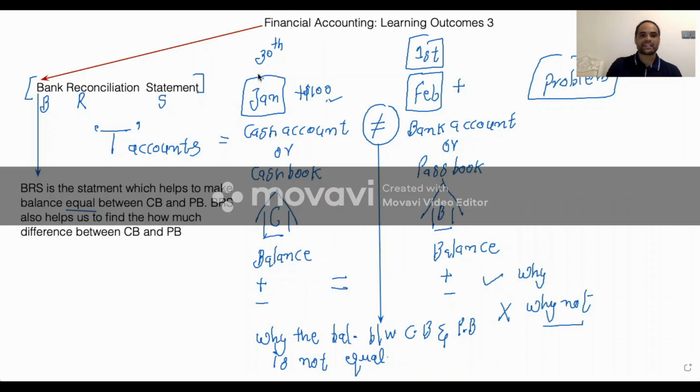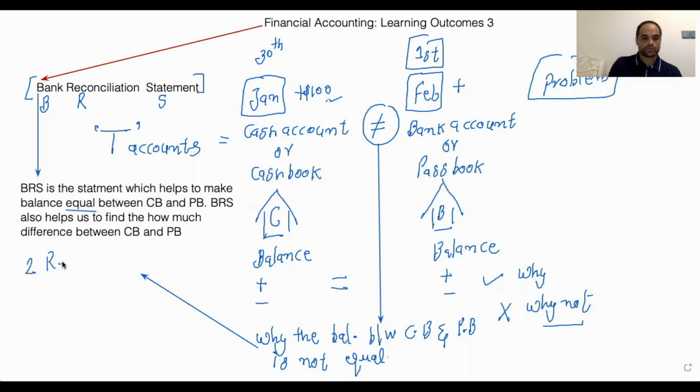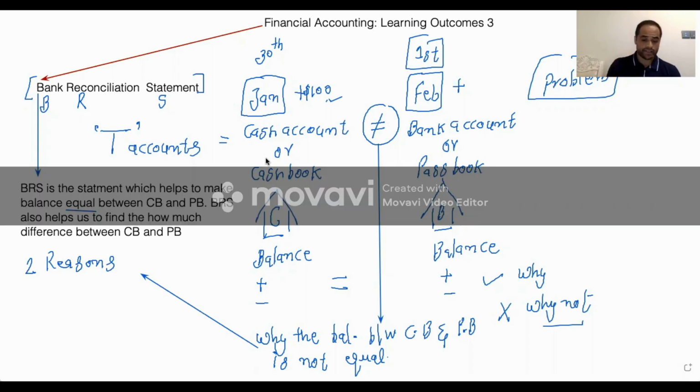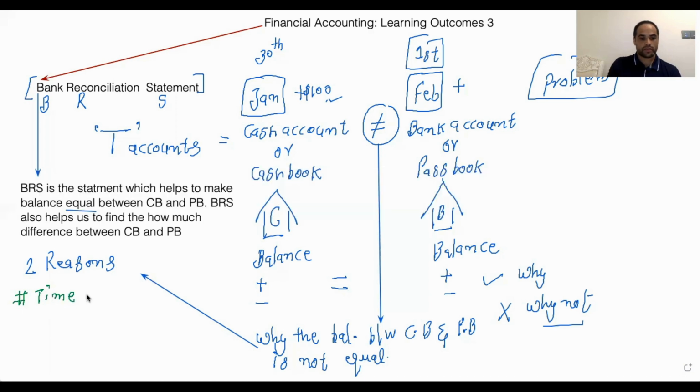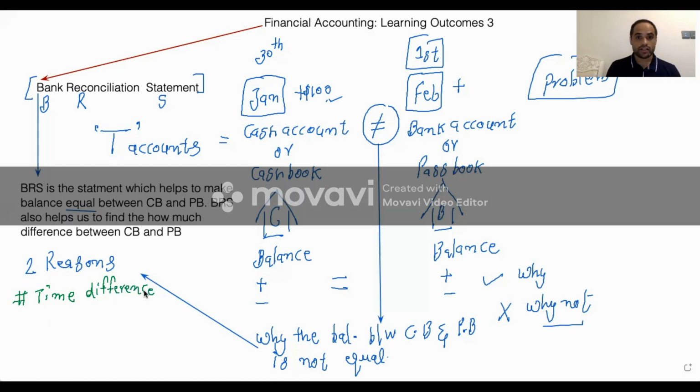So why is that balance not equal? There are two reasons to understand why the balance between the cash book and passbook is not equal. The first reason is a time difference. Time difference means the time you deposit and the time the bank receives your deposit.